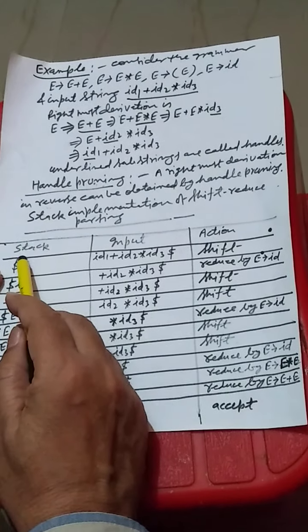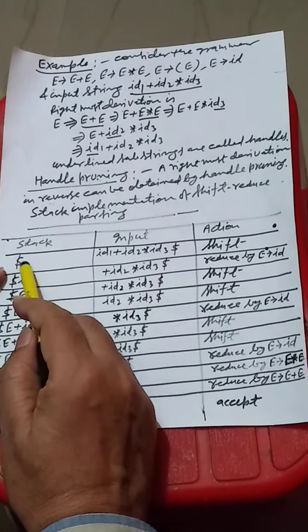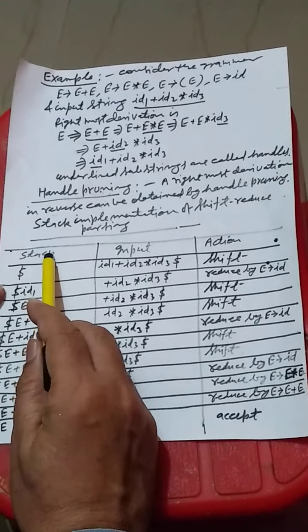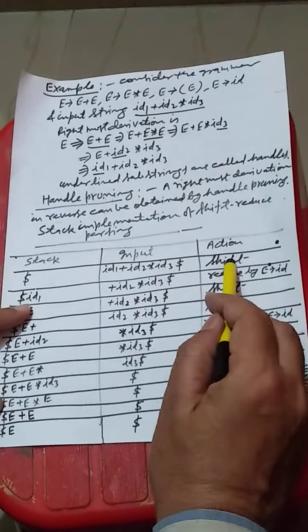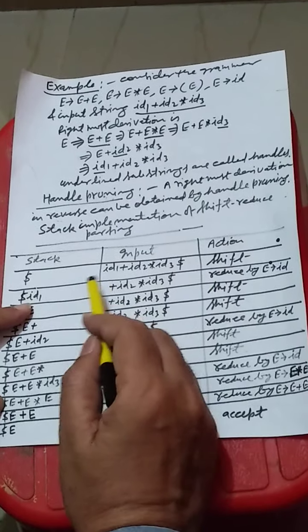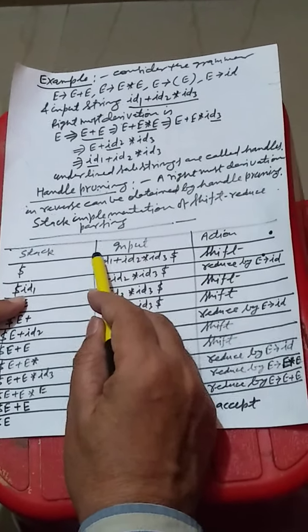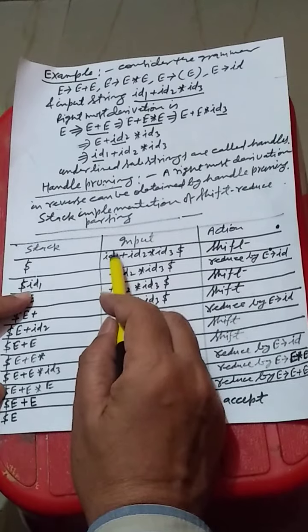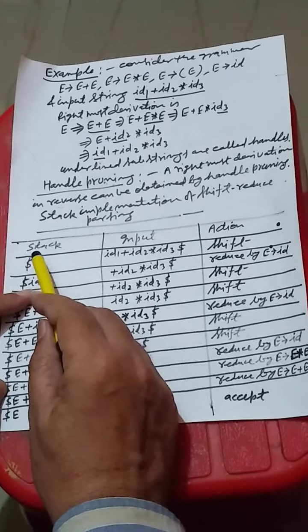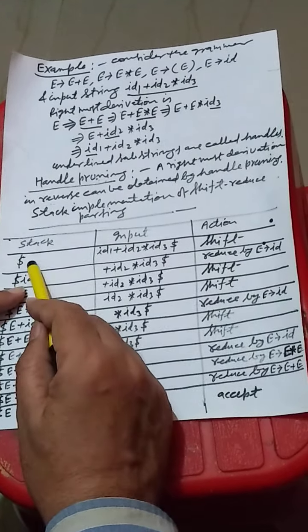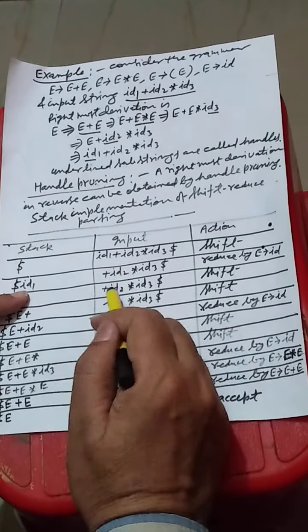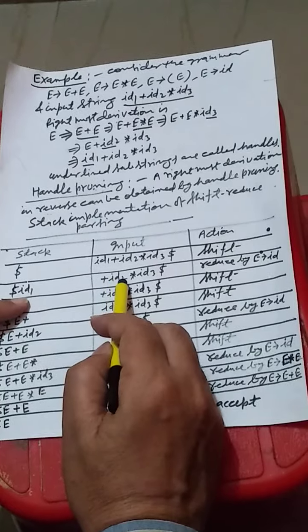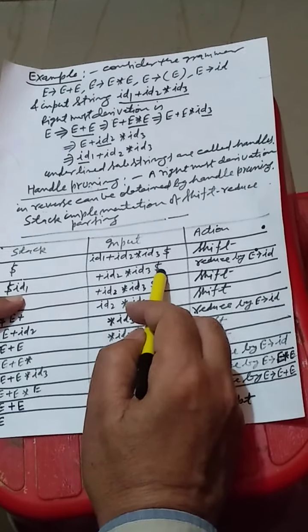The stack will be empty, so the dollar symbol denotes that the stack is empty. The first action is shift. Shift means the front element is pushed onto the stack, so $id1, and the remaining input is plus id2 into id3 dollar.